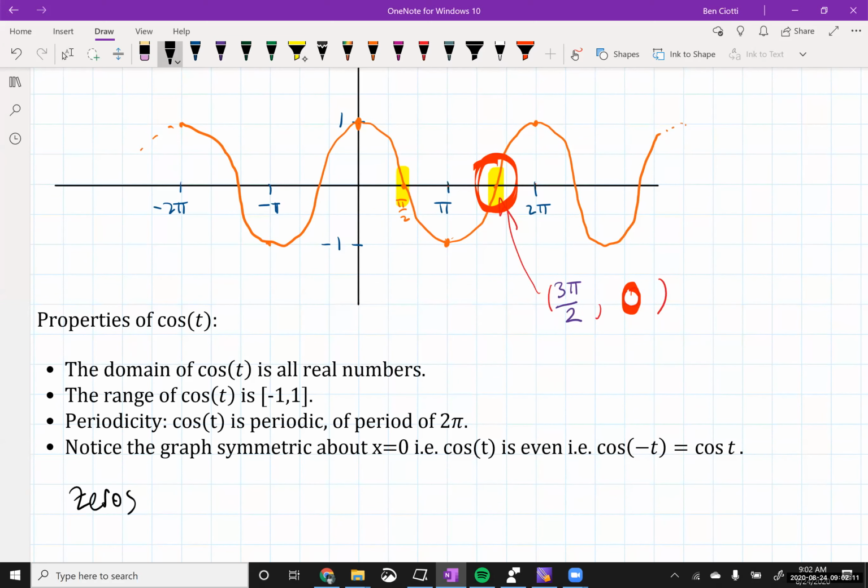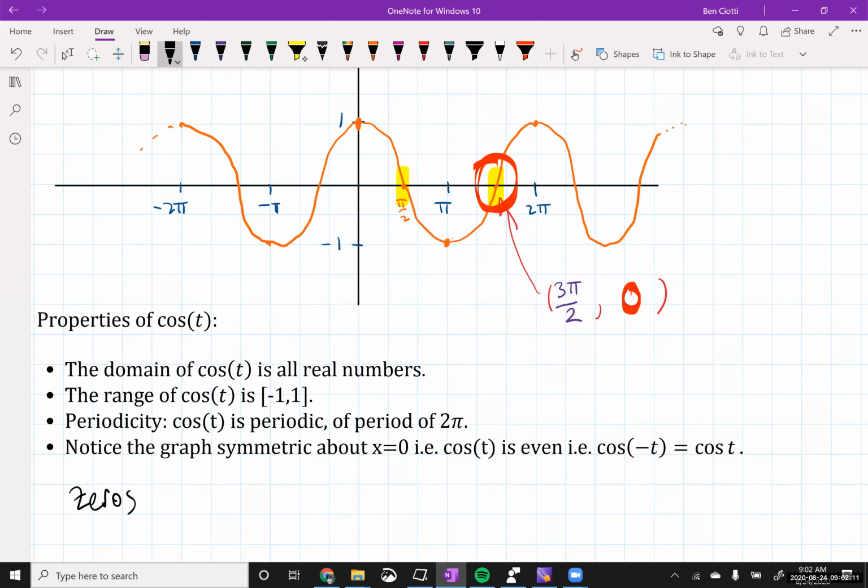So first, I'm going to take care of the 2. So first, I'm going to graph 2 sine x, which means stretch vertically by a factor of 2.